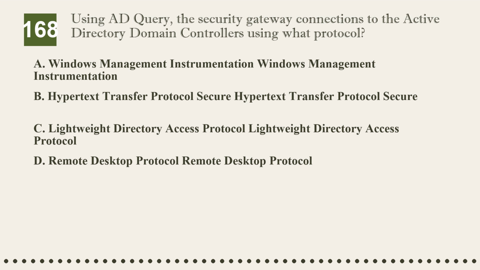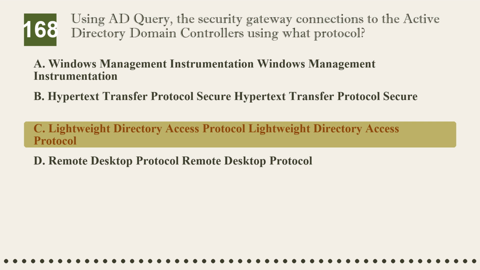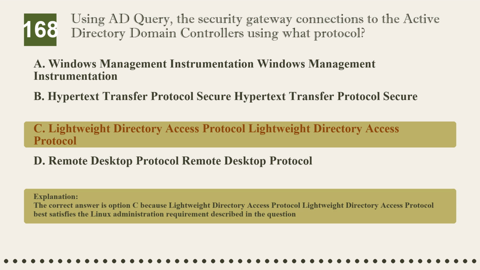Option D, Remote Desktop Protocol. The correct answer is option C, Lightweight Directory Access Protocol, because Lightweight Directory Access Protocol best satisfies the Linux administration requirement described in the question.